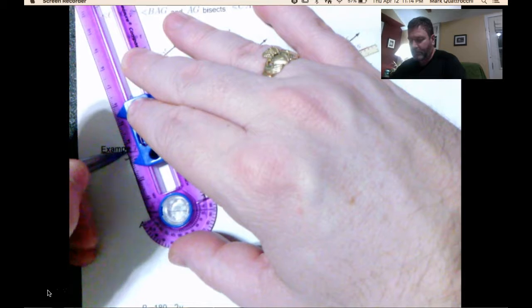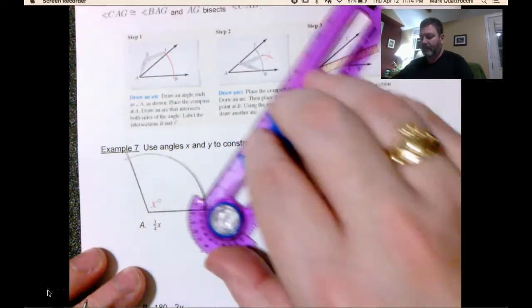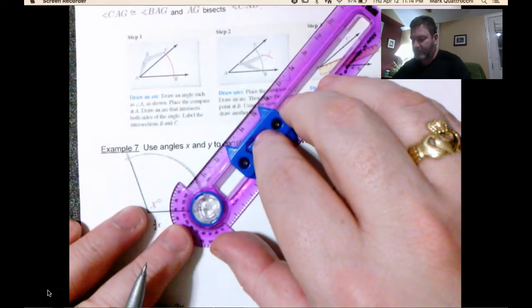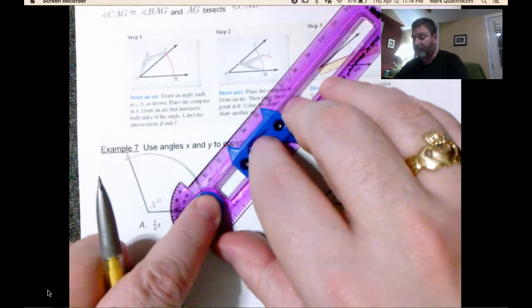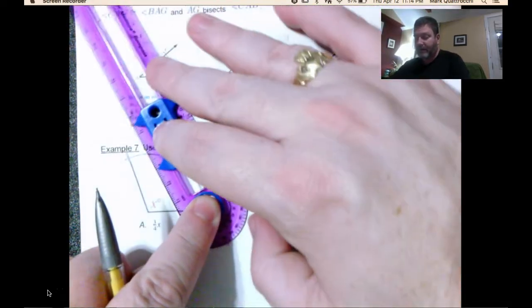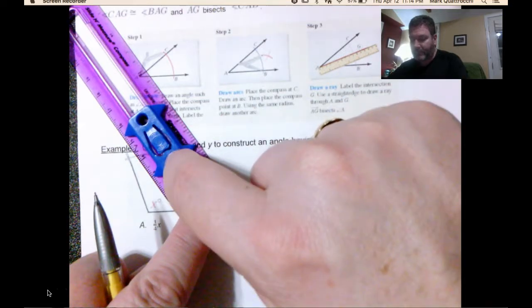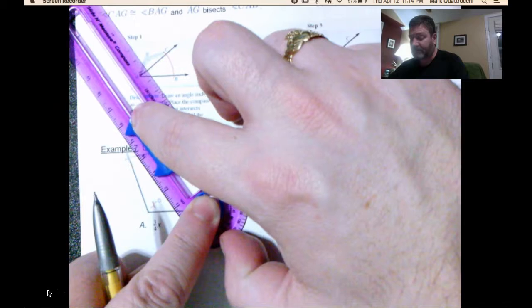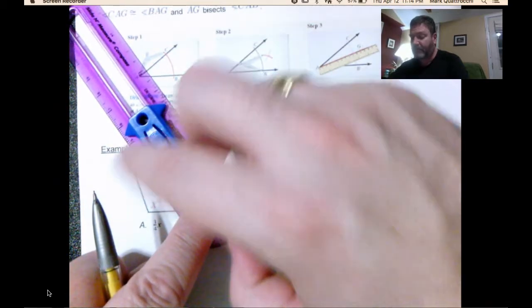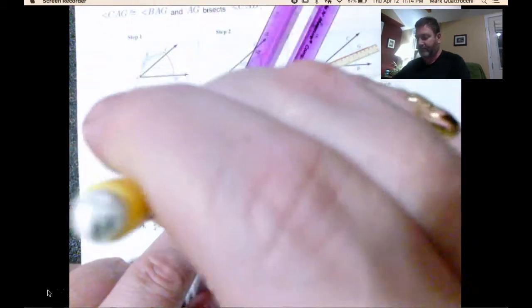First we draw an arc. Now from one of the endpoints of this arc, I'm going to draw another arc, and as long as I'm beyond the midpoint, the bisector of this angle, then I've got a good place for this arc here.